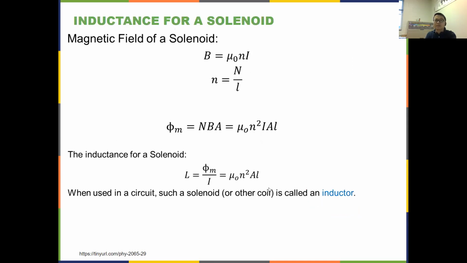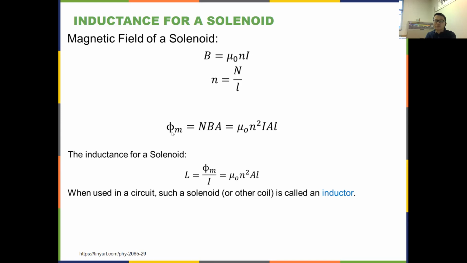For the solenoid in the circuit, the inductance can also be related to its specifications: the number of turns per unit length, the area, and the length. So you can derive it. Starting with B equal to mu naught n I, and small n will be equal to capital N over l.